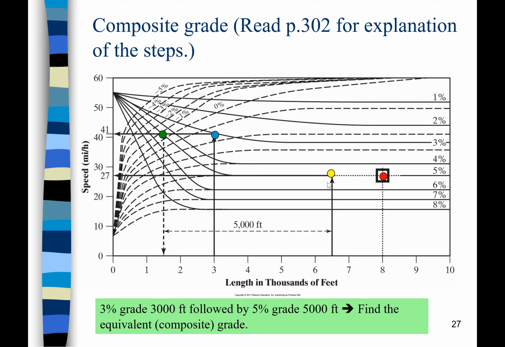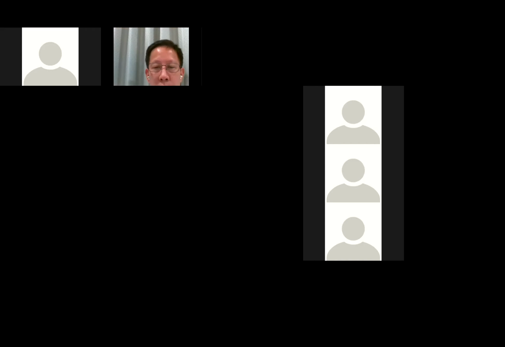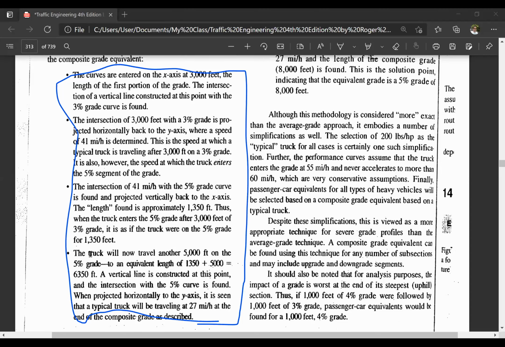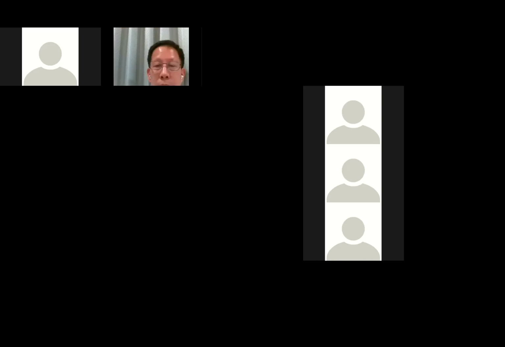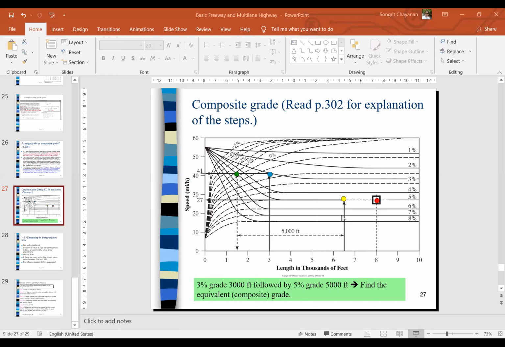And what ET should we use? So the equivalent length is 1,350 plus 5,000, which is 6,350 feet, right here.